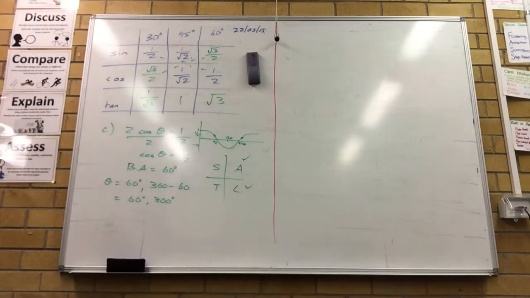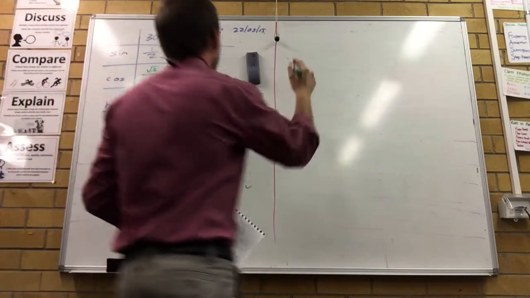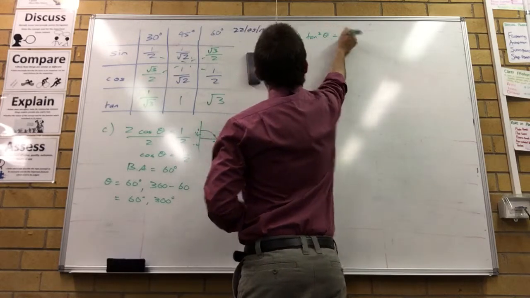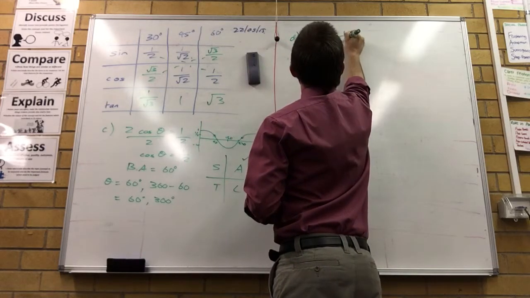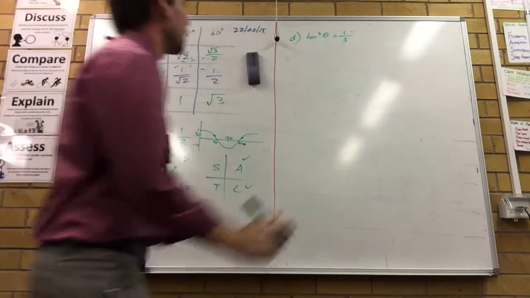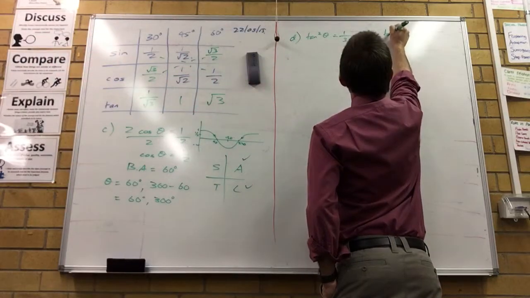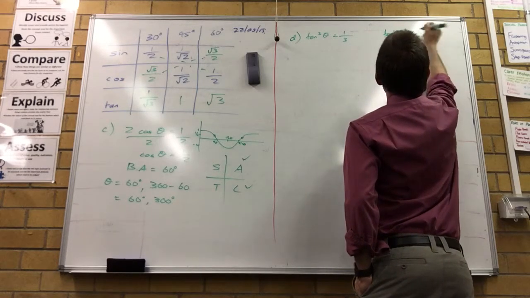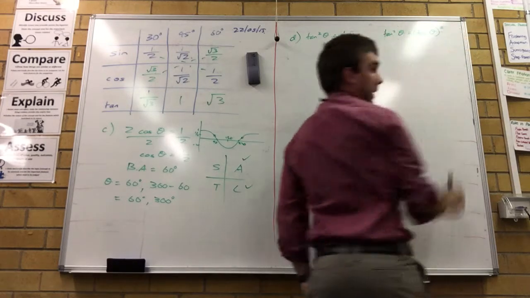Right, D. Tan squared theta is 1 on 3. Remember, tan squared of theta is tan of theta all squared.